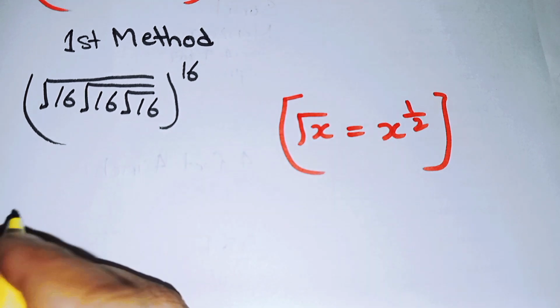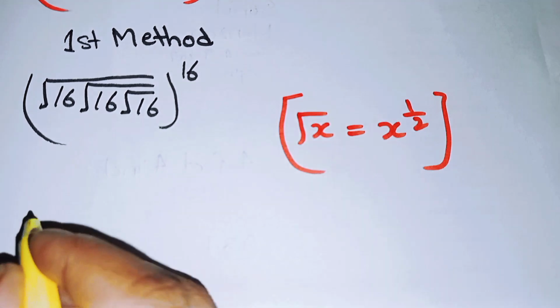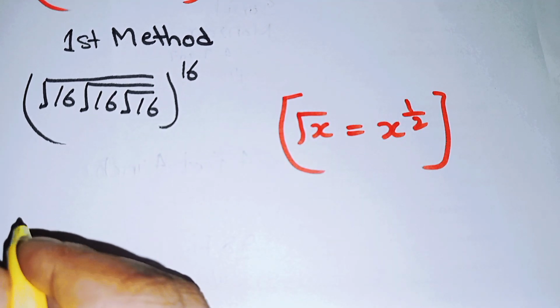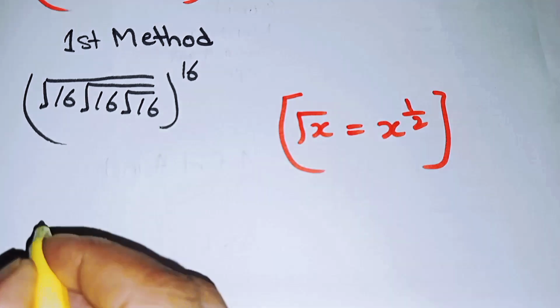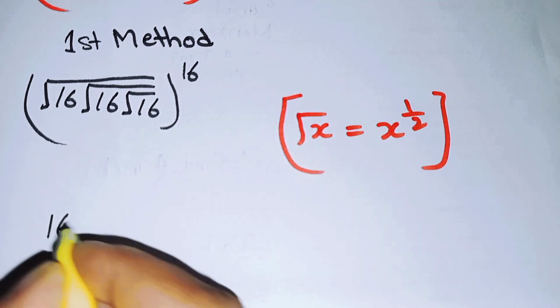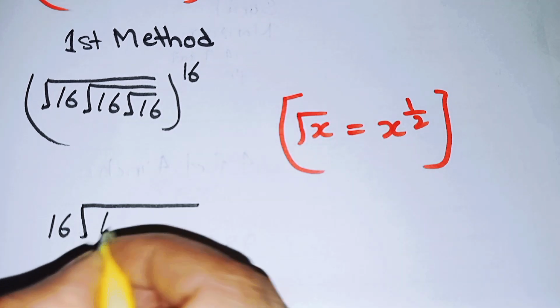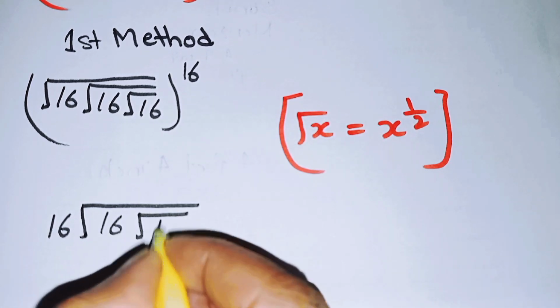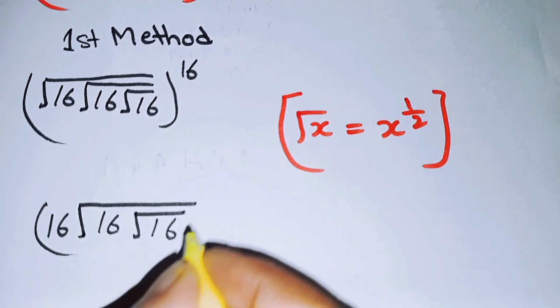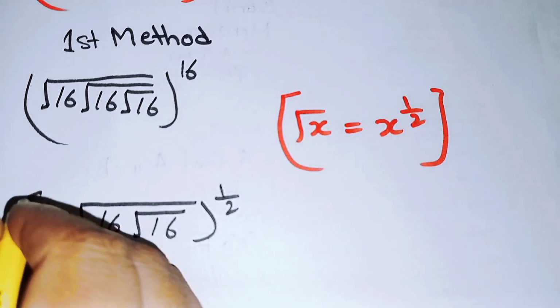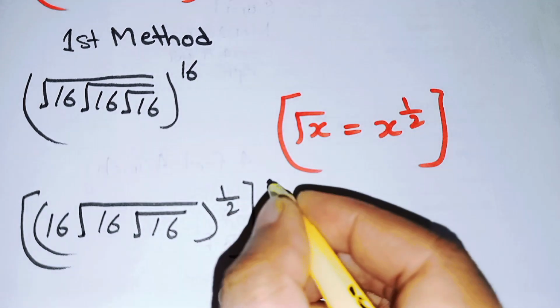And now this 16, and square root 16, and then square root 16, and the whole thing to the power of 1 over 2, and now 16.